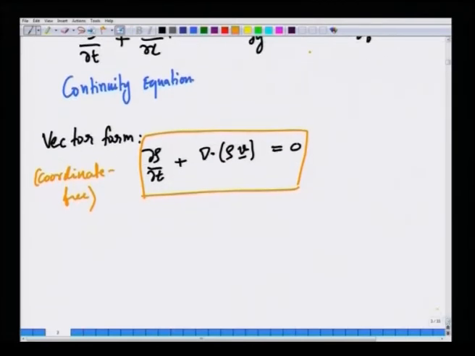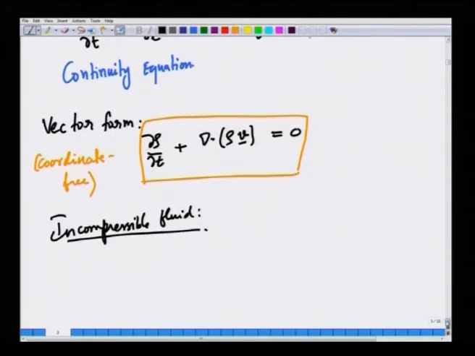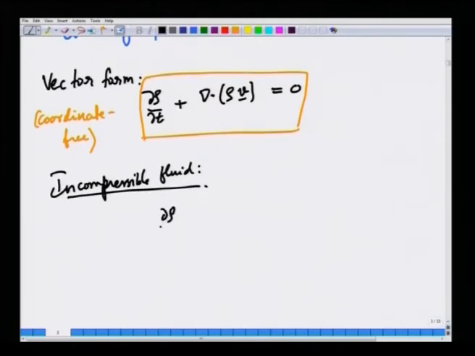Having said that, we proceeded further to use this continuity equation to simplify it for an incompressible fluid. Before I do that, I can write this equation as d rho dt plus v dot del rho plus rho del dot v is 0.